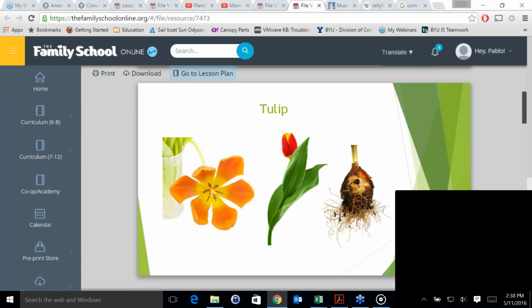That's right, yeah. So here in the tulip we see the petals, so we have 1, 2, 3, 4, 5, 6 petals, so a multiple of 3, so monocot. Then like you pointed out, the fibrous roots, no taproot there, monocot. In the leaves we see the parallel venation, so we don't see the veins spreading out, but they are parallel.